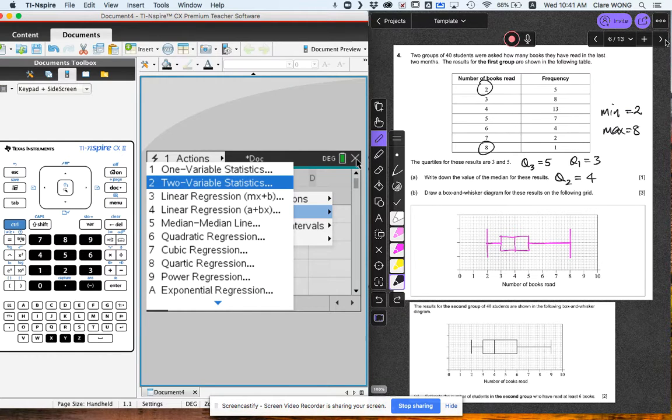Last, the results for the second group of 40 students are shown in the box. Estimate the number of students in the second group who have read at least 6 books. Now, at least 6 books mean these. At least 6. Now, how do we determine how many? Well, you need to remember the fact that they are quartiles. They are separated into quartiles.